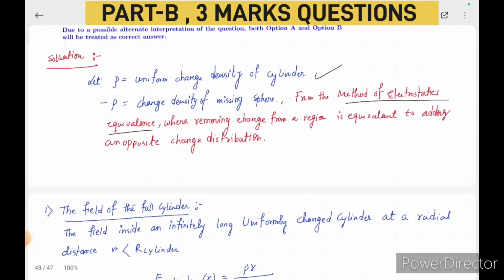Removing charge from a region is equivalent to adding an opposite charge distribution. This is the method of electrostatic equivalence.